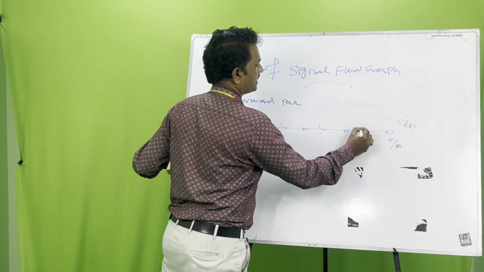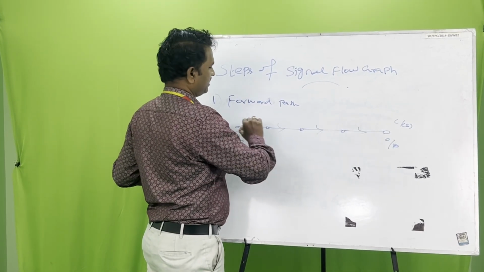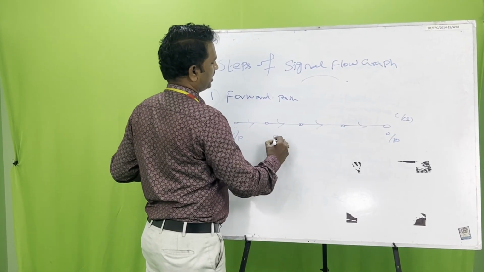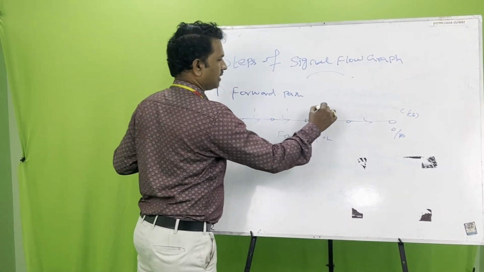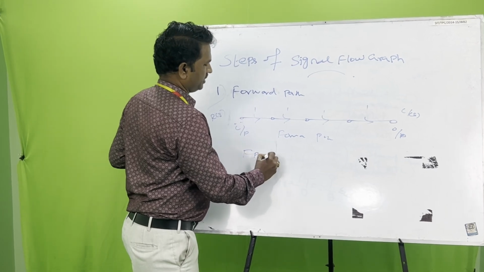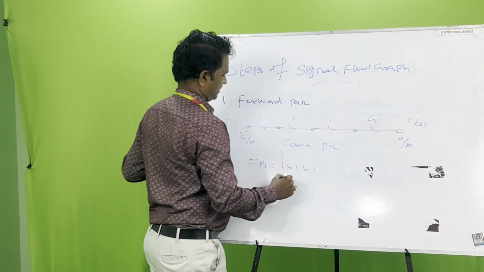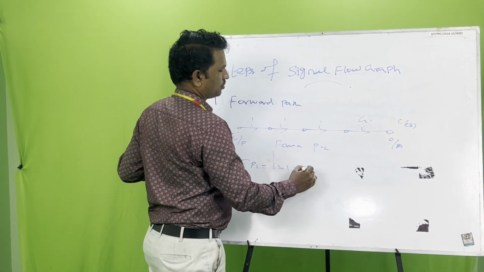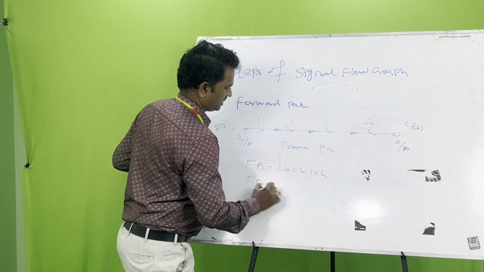The input goes to the output in a pure straight line. That is a forward path, and its gain is the product of the gains along it. For example, 1 into 1 into 1 into G1, so the forward path 1 is equal to the gain G1.